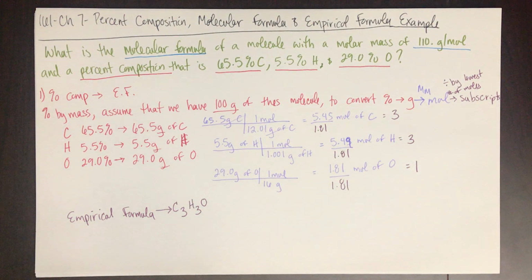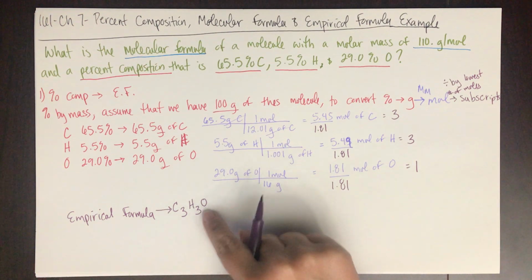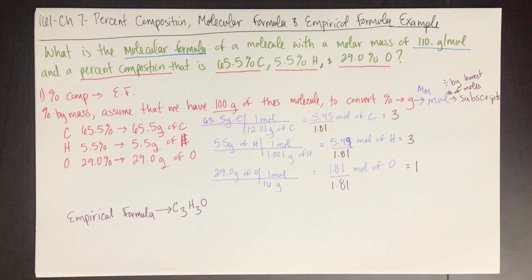Remember, the question says, what is the molecular formula? We determine the molecular formula by determining the factor that we multiply the empirical formula by to get the molecular formula.